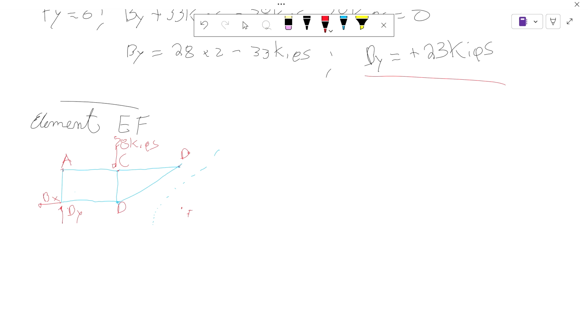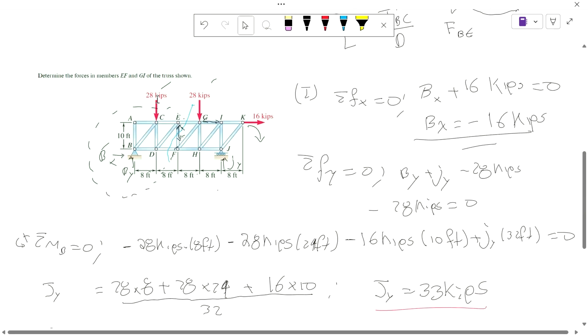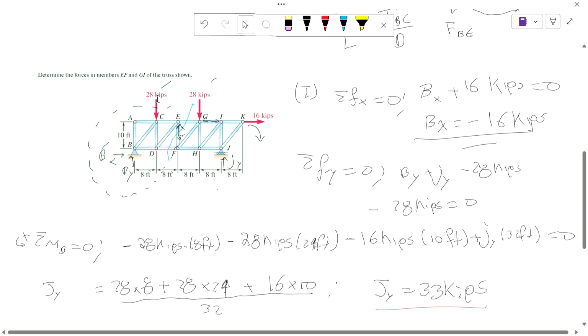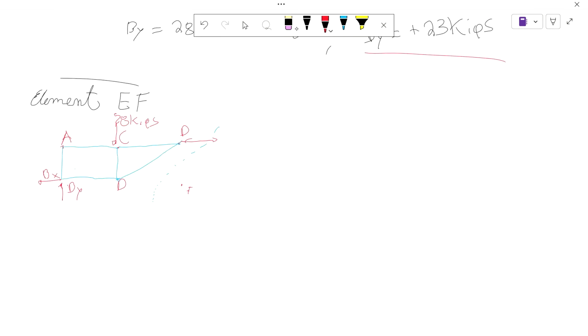And at E, we have the force from E to G. Sorry, this is not D, this is E. So force from E to G, force from D to F, and of course the one that they're asking about, which is force E to F.